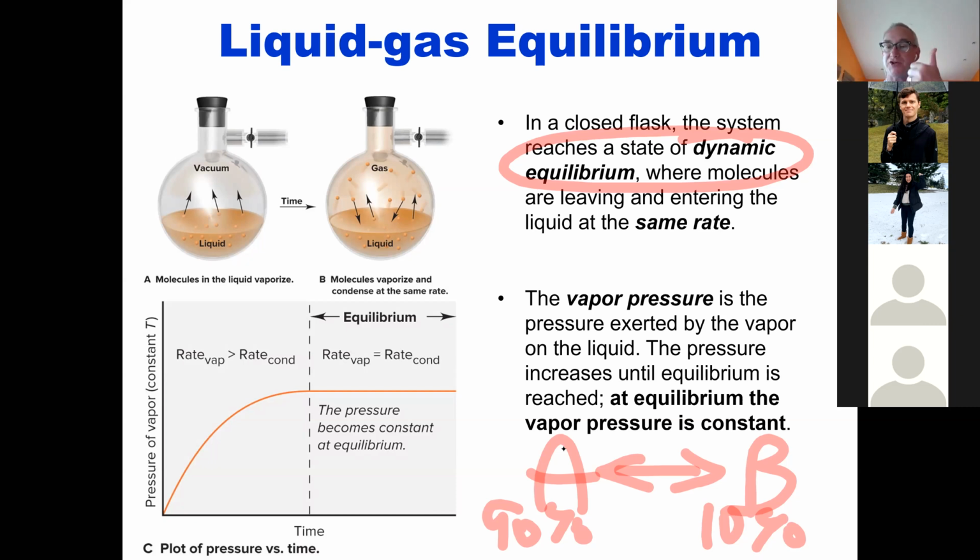And so the vapor pressure is an example of that. The vapor pressure is just the pressure exerted by vapor on the liquid. So here we've got liquid, and when we have a vacuum, we can just imagine this liquid could be anything. It could be water, it could be ethanol, it doesn't really matter what it is. You establish a vacuum in there.